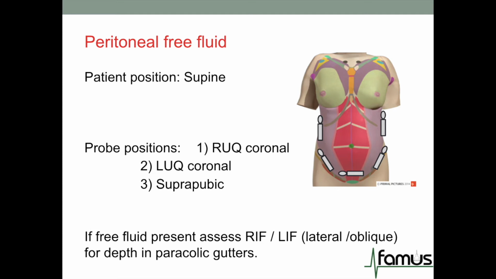Because first of all, the fluid will collect in this virtual space, then around the two major structures of the liver on the right and of the spleen on the left, and then among the intestinal loops and along the two paracolic gutters.